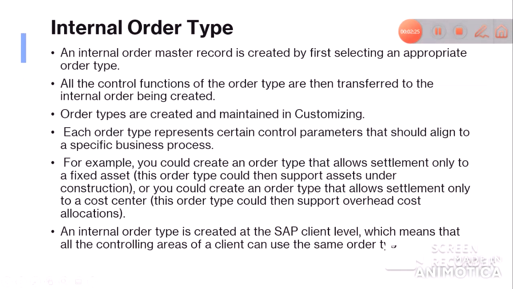So, internal order type. Now let us see the first category of internal order type. An internal order master record is created by first selecting an appropriate order type. All the control functions of the order type are then transferred to the internal order being created.